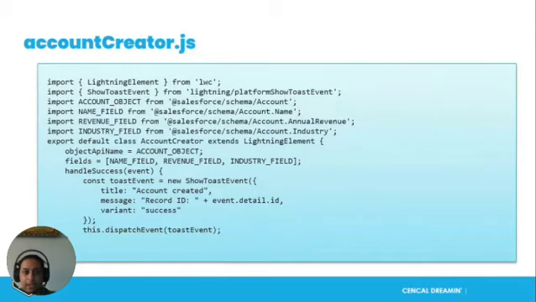As I said and shared with you before, don't forget we have three main files that you need to know: the HTML, the JS, and also the meta XML file.